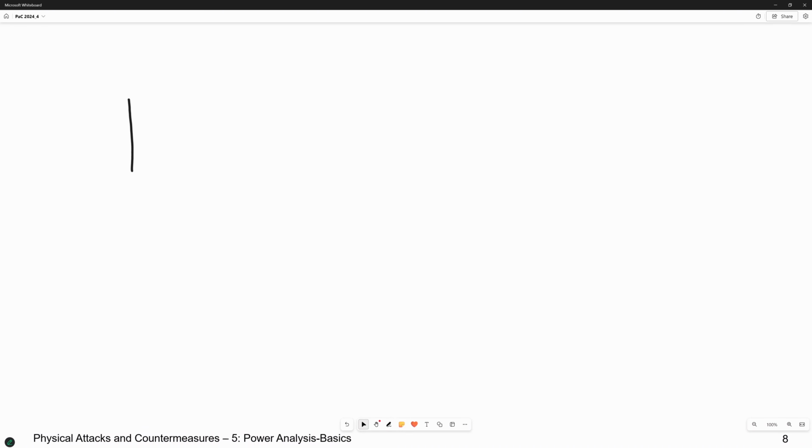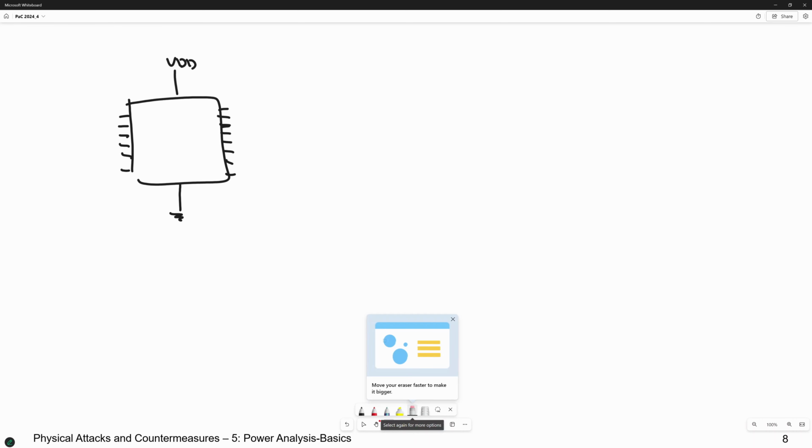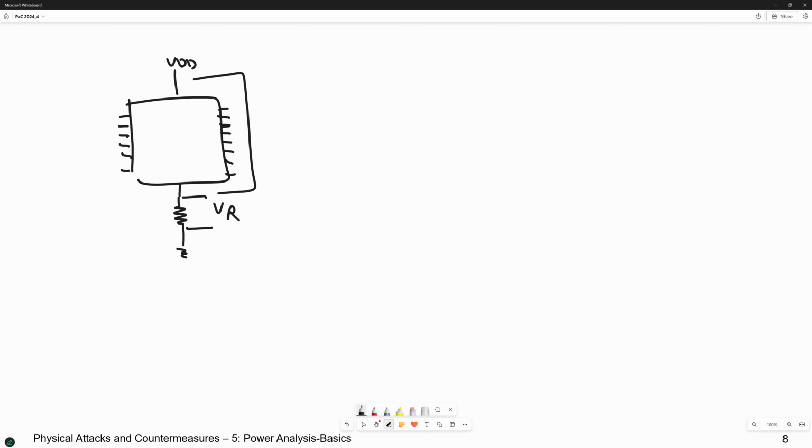This is our chip. And as you learned, there is a VDD line and there is a ground line. What we can do is put a resistor here and then measure the voltage V of R, and let's call this V of chip.